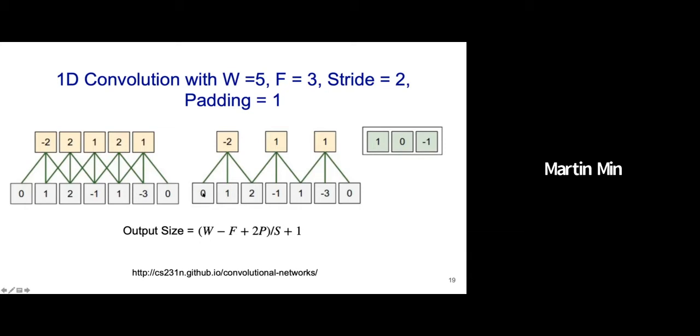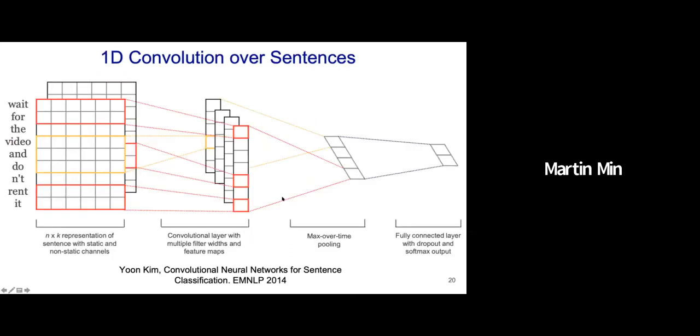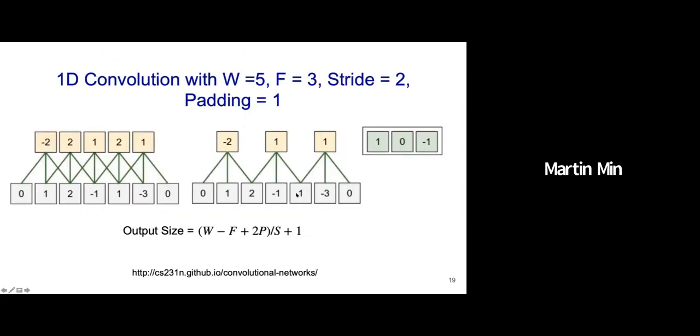We use a stride of 2, so we convolve the 2, minus 1, and 1 with this 1, 0, minus 1. So 1 times 2 plus minus 1 times 0 plus 1 times minus 1, we get this 1 here.